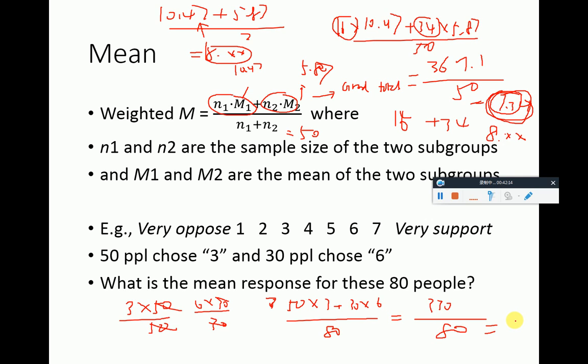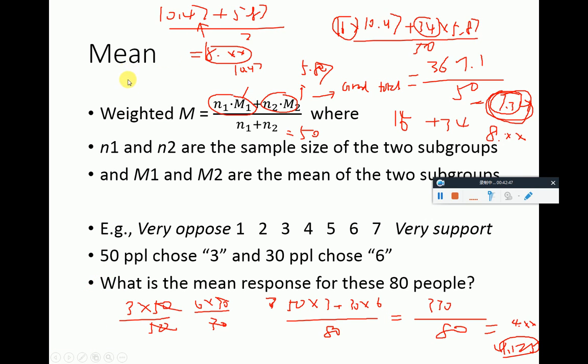So that's 4 point something. Yeah, 4.125. 4.125. So if you got this number, congratulations. If you did not, you should check your answer. Shouldn't be too difficult.